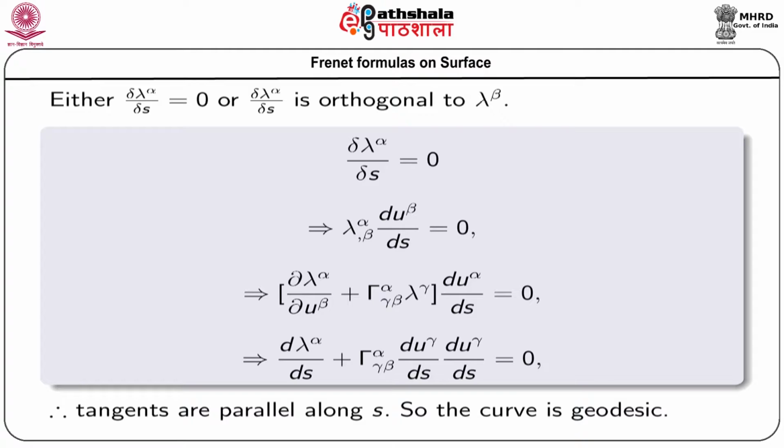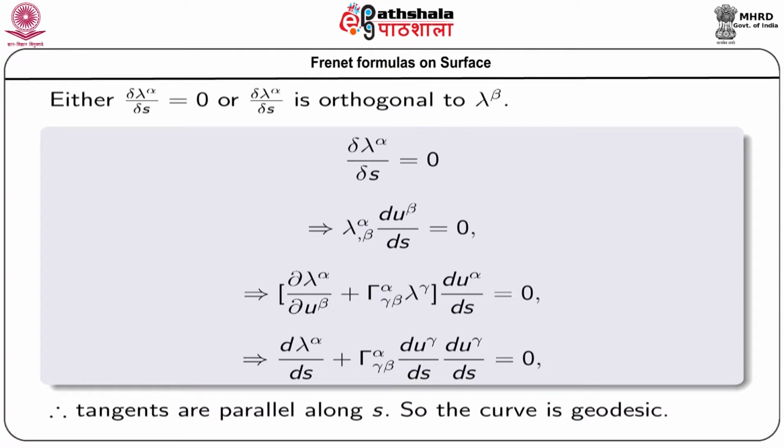Therefore, from this expression we can see that the tangents are parallel along the arc length s. So, the curve becomes a geodesic. So, when del lambda alpha del s equals 0, the curve on a surface is a geodesic. So, we shall not consider this particular type of curve.